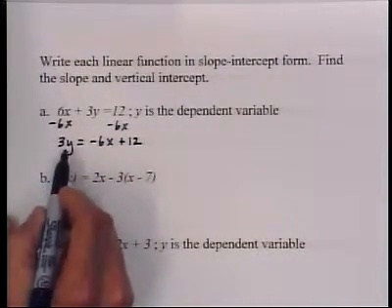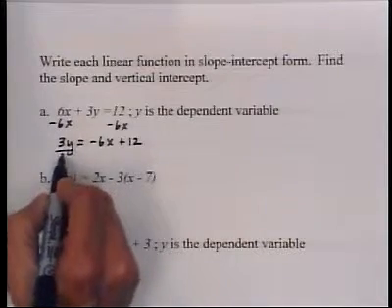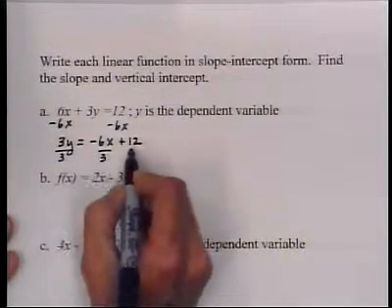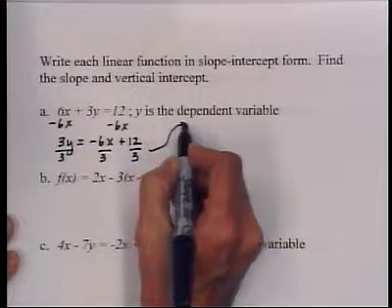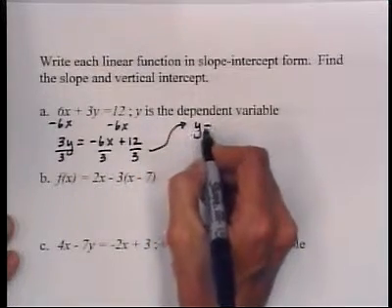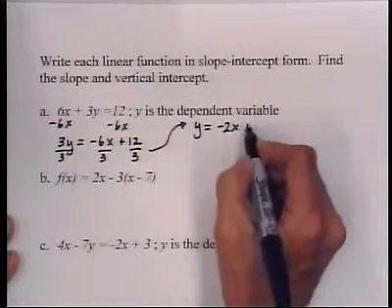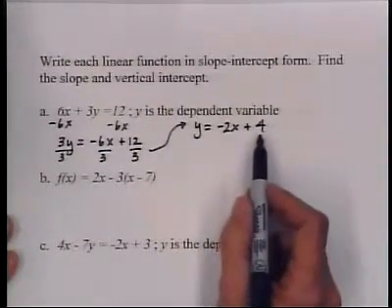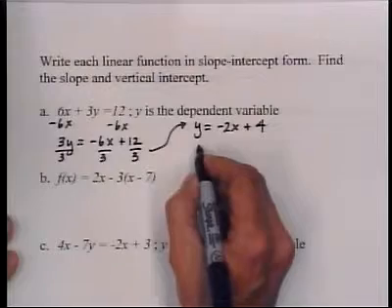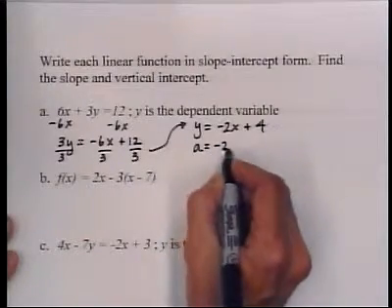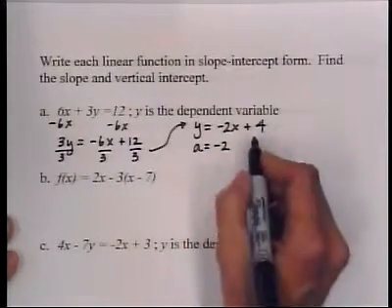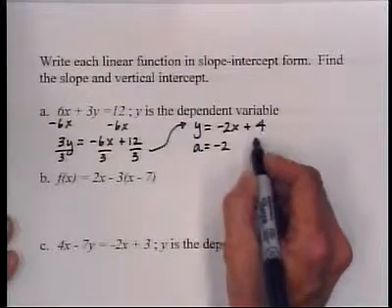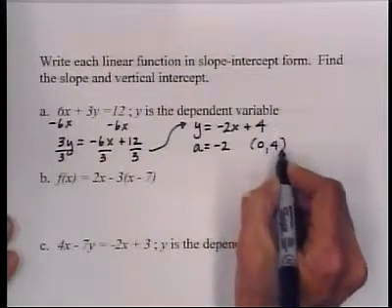To finish solving for y, I now want to divide each part of the equation by 3, and that gives me y equals negative 2x plus 4. I've got slope-intercept form. The slope represented by the letter a is negative 2. The vertical intercept is the ordered pair (0, 4).